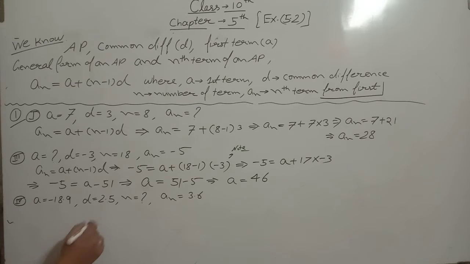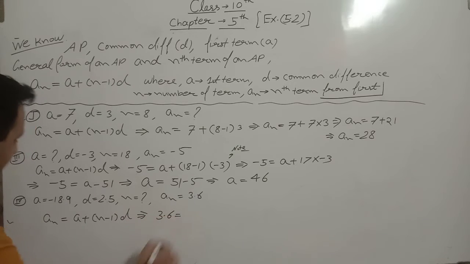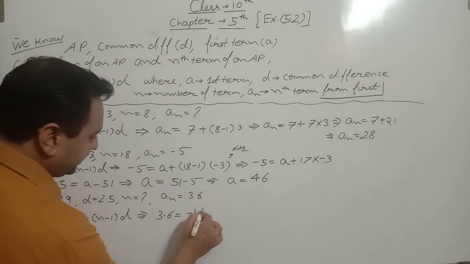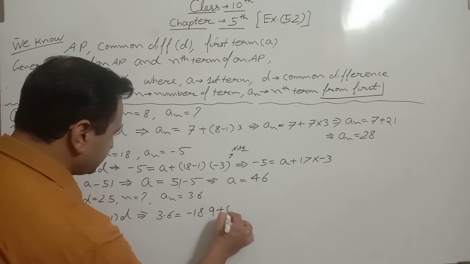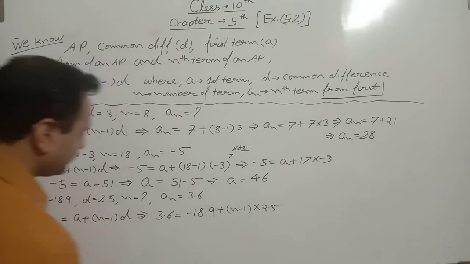Fourth part. In the question we have to find out n, and an is given. So again use the formula of an. An equal to a plus n minus 1 into d. 3.6 is equal to minus 18.9 plus n minus 1 into 2.5.